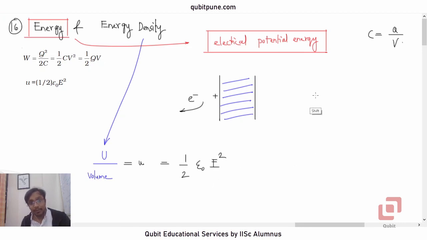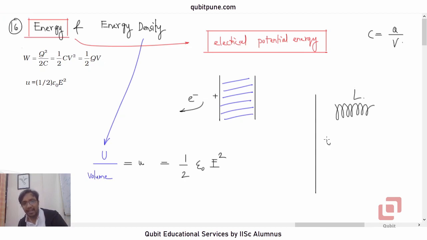If you remember, an inductor of inductance L also has energy density. That energy density is given by 1 by 2 mu naught H squared. So these expressions resemble each other. This is the energy density for an inductor which has a magnetic field inside it, and this is for a capacitor.